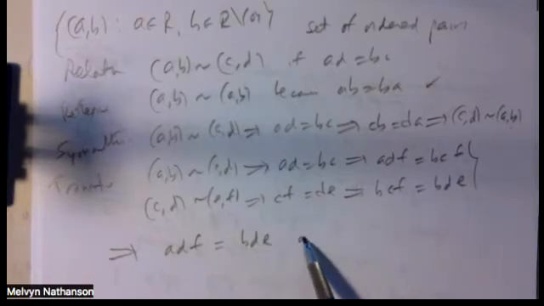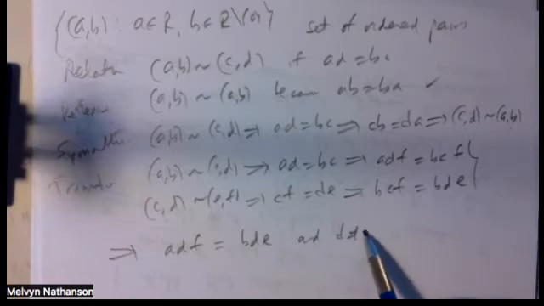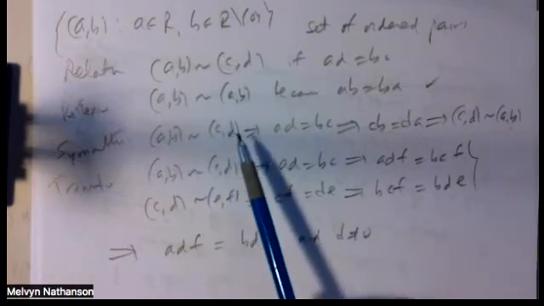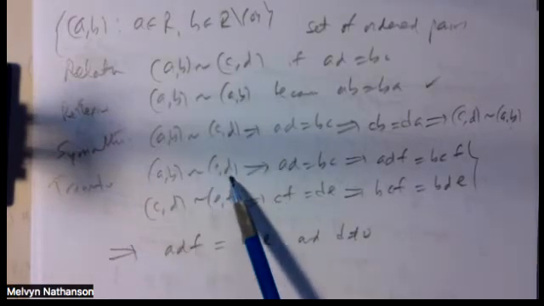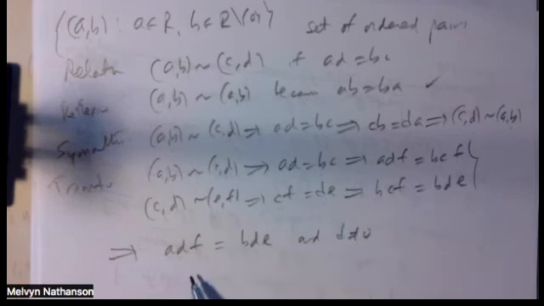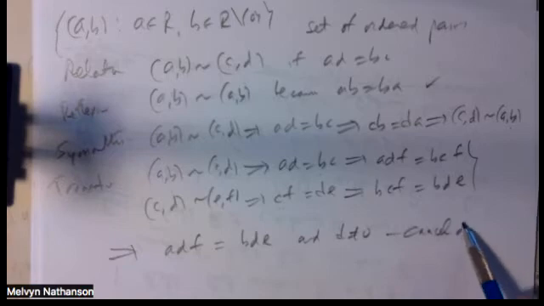And D is not zero because the second coordinate of one of these ordered pairs is not zero. So I can cancel D from this equation because we have an integral domain. We have cancellation.